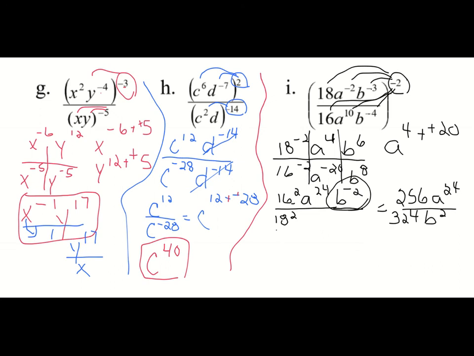So what I did to simplify the 256 and the 324, I divided them both by 4. So when I did that and simplified those, I ended up with 64 over 81. And then we still have the a to the 24th, b to the second, because I couldn't do anything with those. So those are all of our problems simplified.